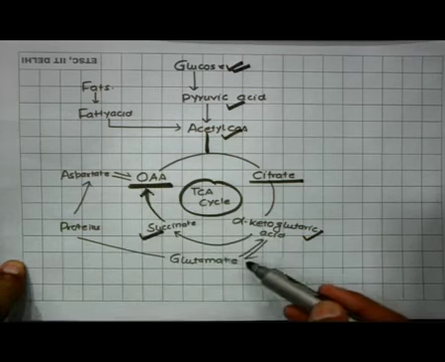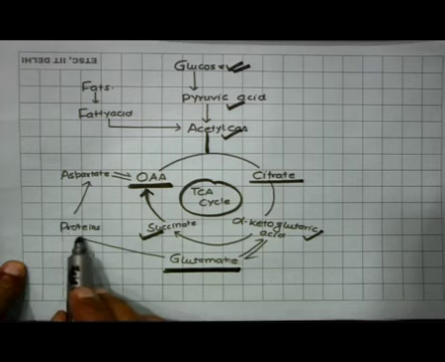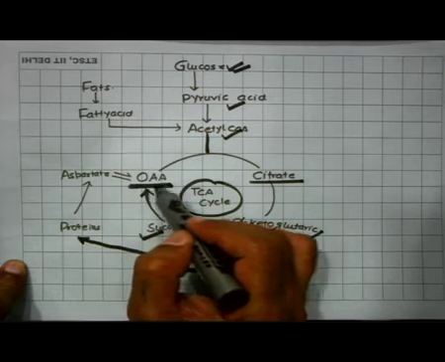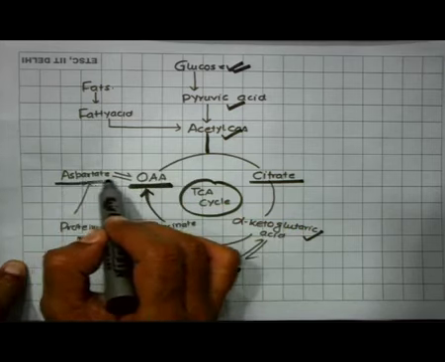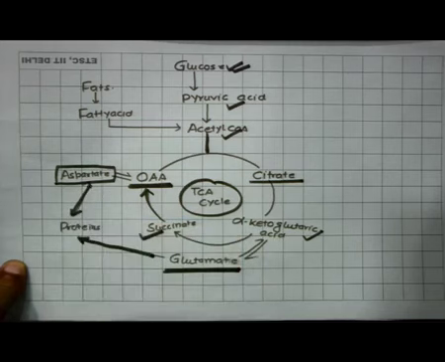This alpha ketoglutaric acid helps in the formation of glutamate and this glutamate helps in the formation of protein, and oxaloacetic acid also helps in the formation of aspartate, and from the aspartate protein is formed.